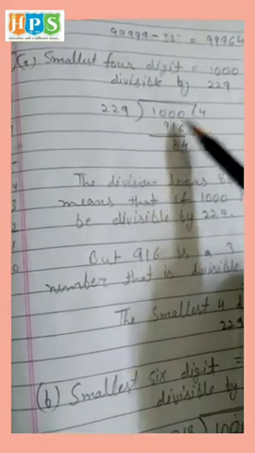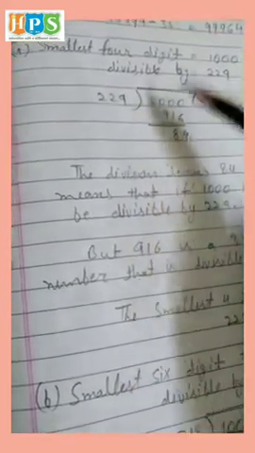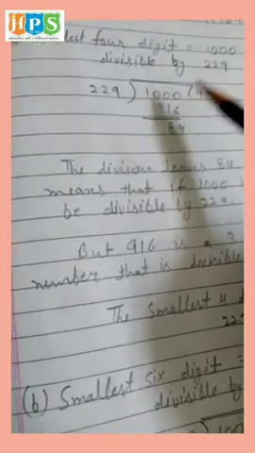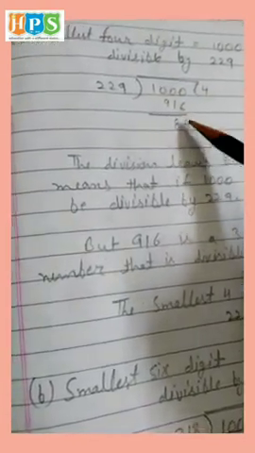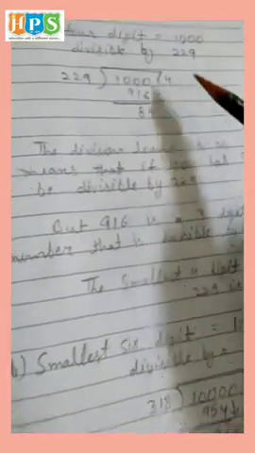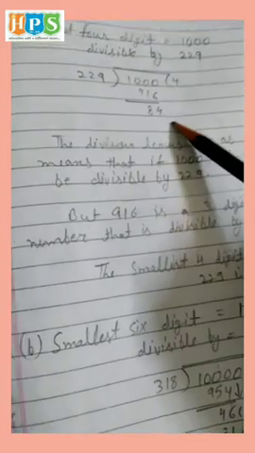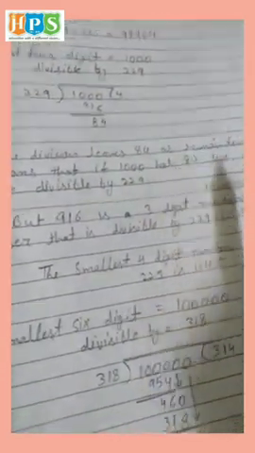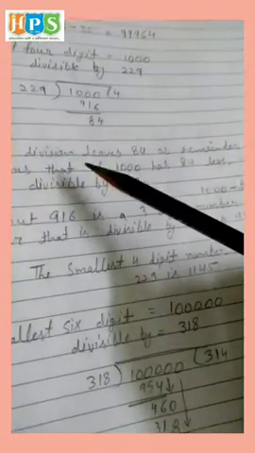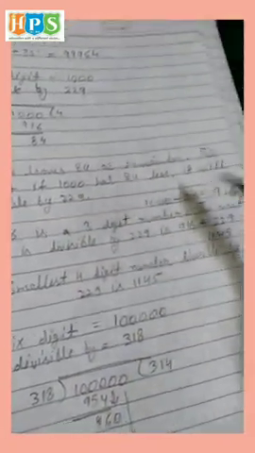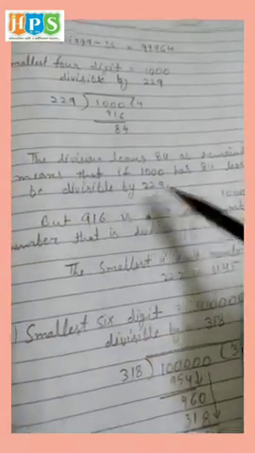We can't subtract 0 minus 4, so borrow from hundreds to tens and tens to ones to make 10. 10 minus 6, 4. 9 minus 1, 8. So quotient is 4 and remainder is 84. The divisor leaves 84 as remainder. This means that if 1000 has 84 less, it will be divisible by 229.